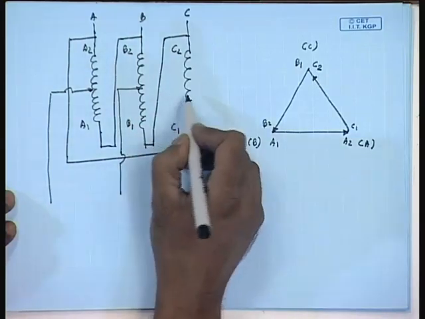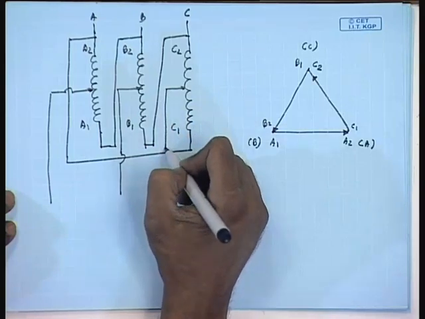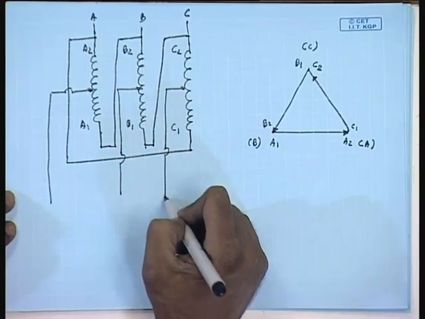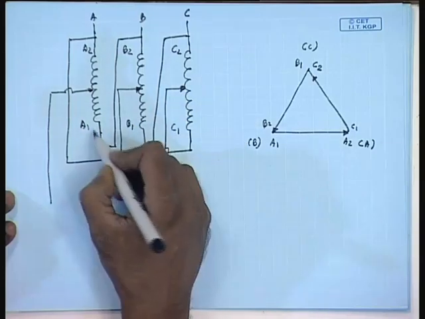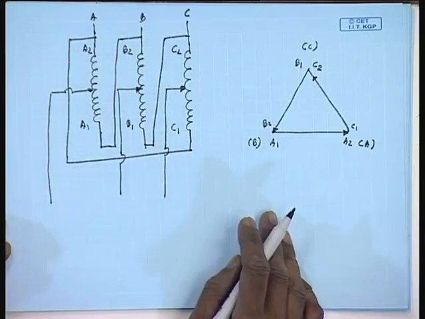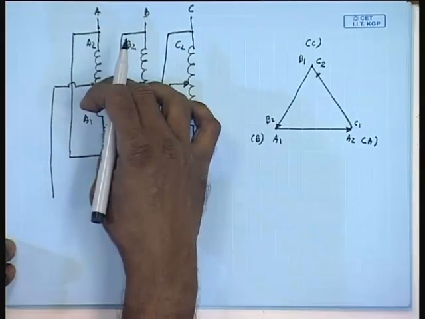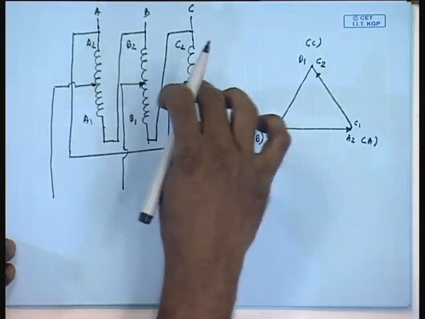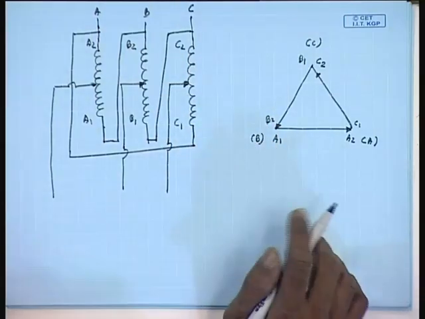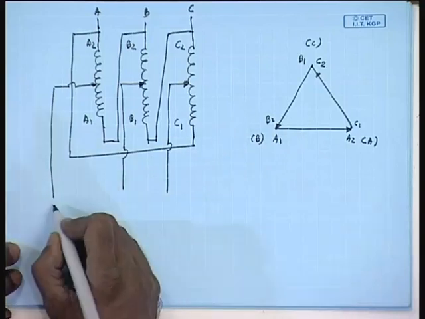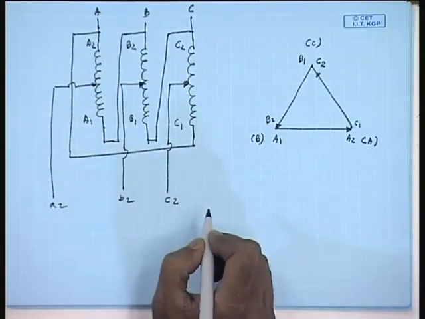Normally, when I have a 3-phase autotransformer, they are taken from the same percentage tapping of each winding. That is, the voltage this part, this part, this part are all same in magnitude. Now, let us call these A2, B2, C2.